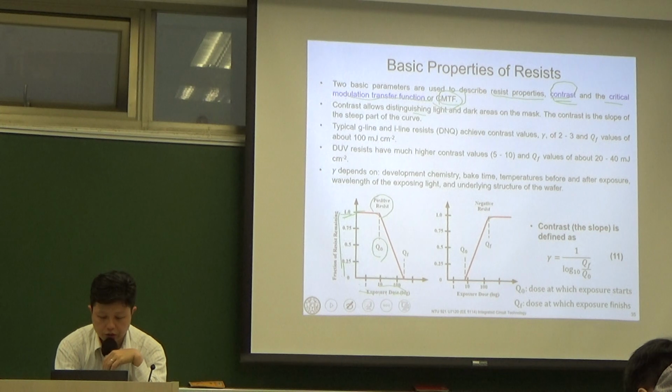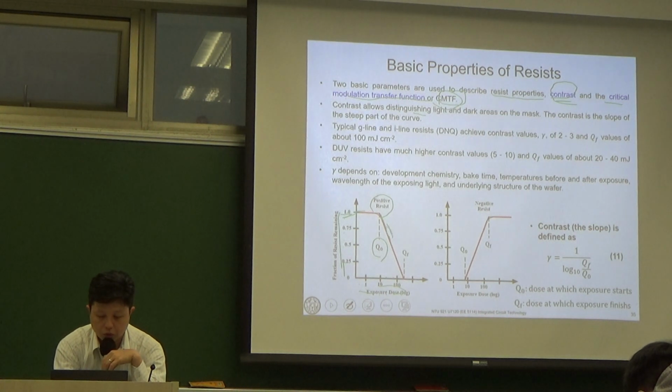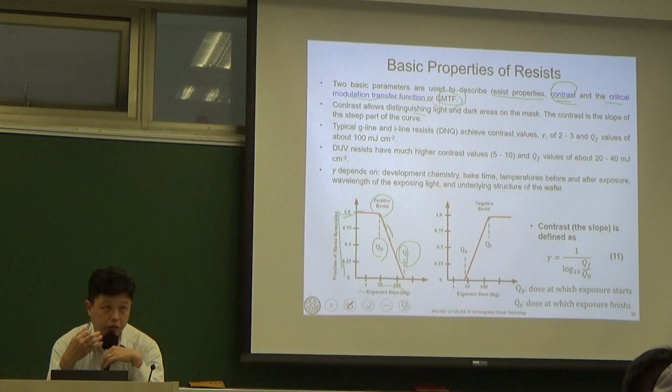So you can see this line begin to decrease, which means more and more photoresist is exposed and developed in your developer. So the remaining fraction becomes smaller and smaller. Okay, so you continue to increase the dose until you reach the QF. The QF means now all the resist is gone in the developer.